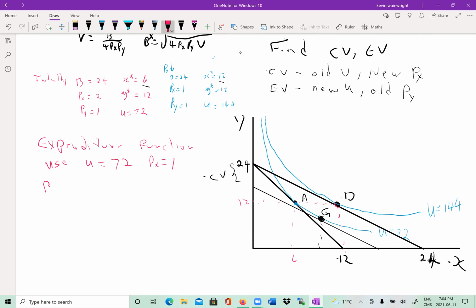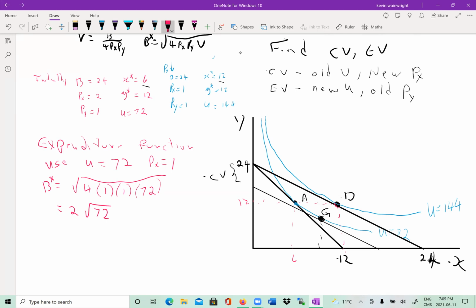So we know that B star is equal to 2 times the square root of the price of X, 1, price of Y, 1, and utility, 72. Okay, which means it's equal to 2 times the square root of 72.